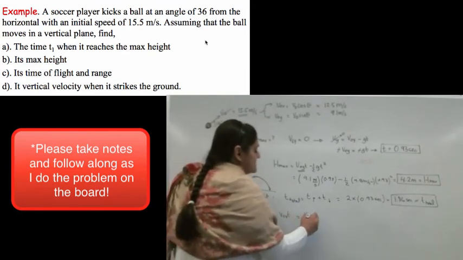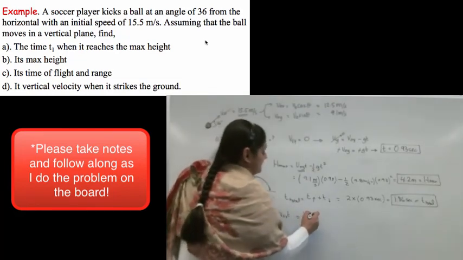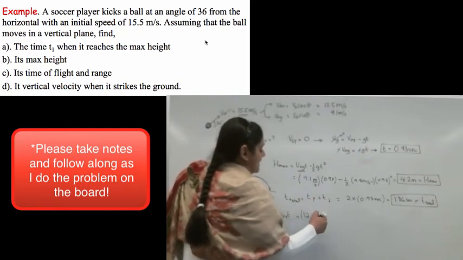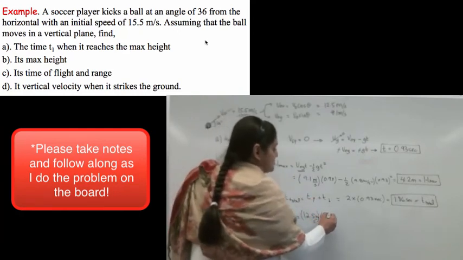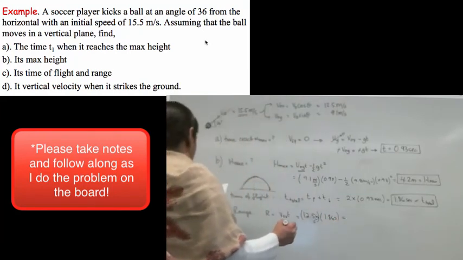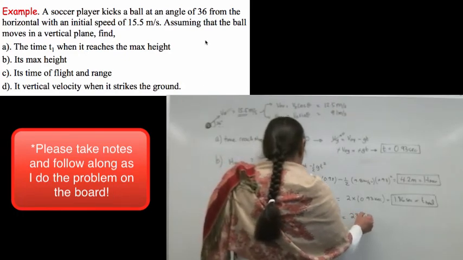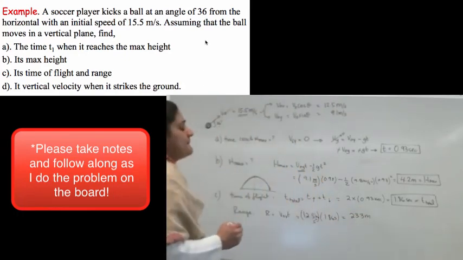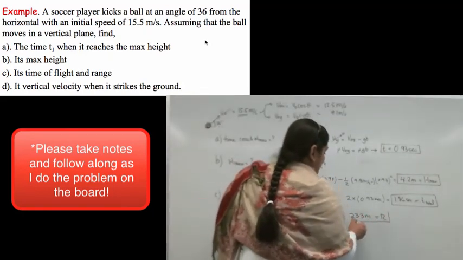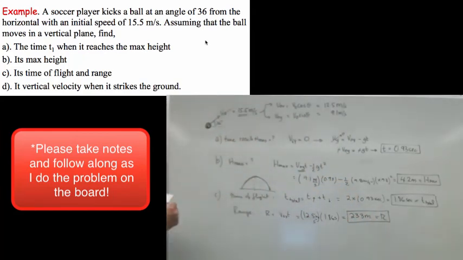This will be v0x, which is 12.5 meters per second, times the total time that it spends in the air, which you can calculate, and I calculate it to be 23.3 meters. But make sure that this is actually correct, okay? I might be off by plugging my numbers in.